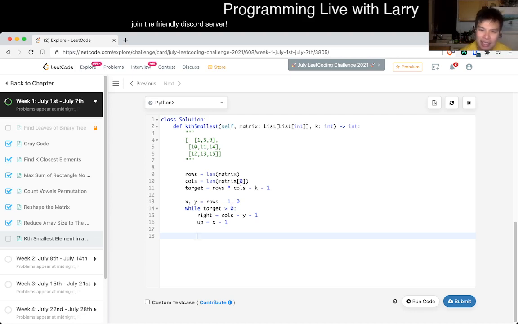Because let's say the answer, oh no, okay, I guess that makes sense. I was going to say, what if you eliminate the 13, then you lose the 14, but we only eliminate this if we know for sure that the number is not in here, right? So I think that's okay.